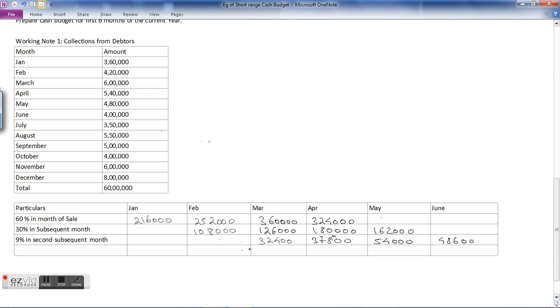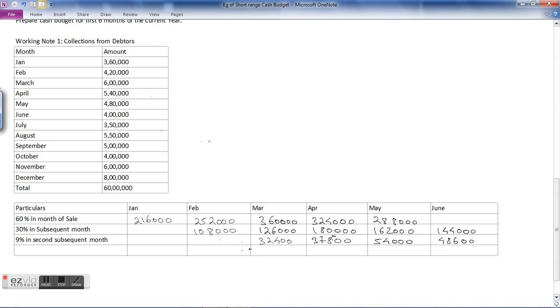Okay, now for the month of May, what is the sale? 4,80,000. So 60% of 4,80,000 is 2,88,000, and 30% is 1,44,000, that is 30% of 4,80,000, and then balance 9% will be collected in the month of July.